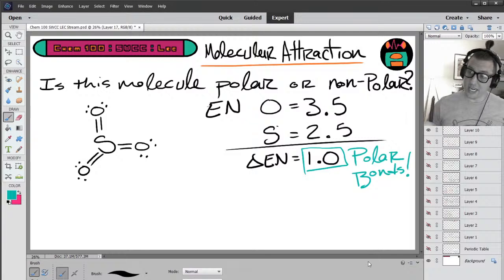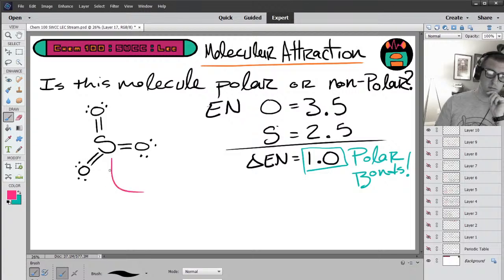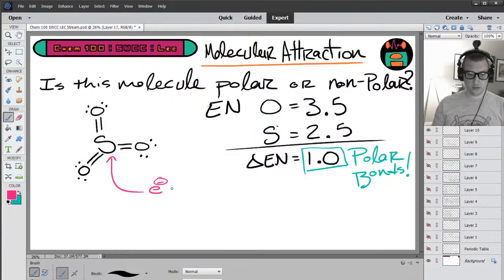Second, we need to make sure that the molecule is not symmetric. So you have to ask yourself, how many electron groups do we have here? Sulfur has no lone pairs and 3 atoms, so it has 3 electron groups.